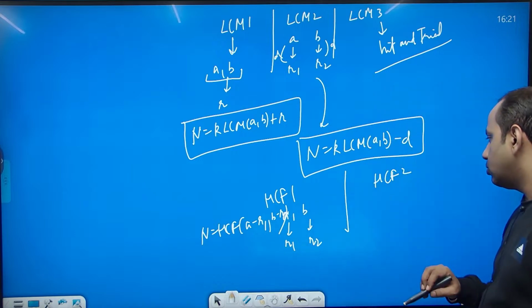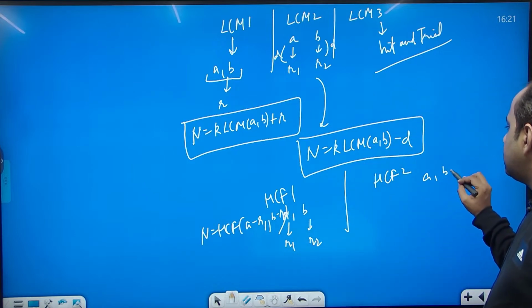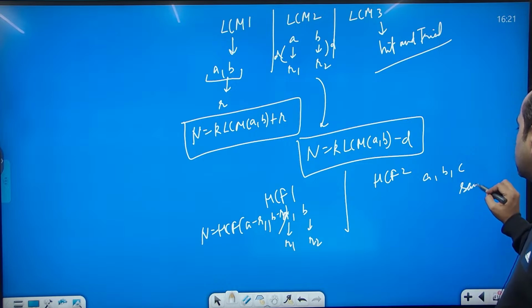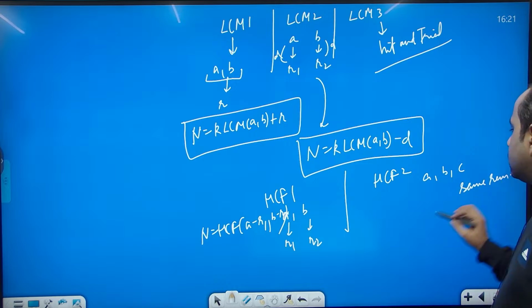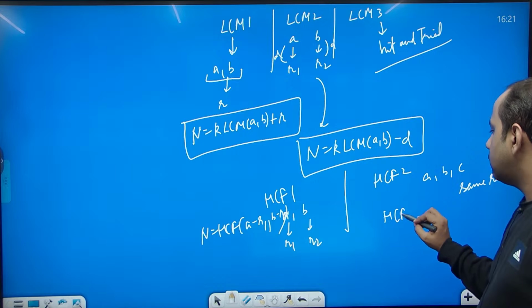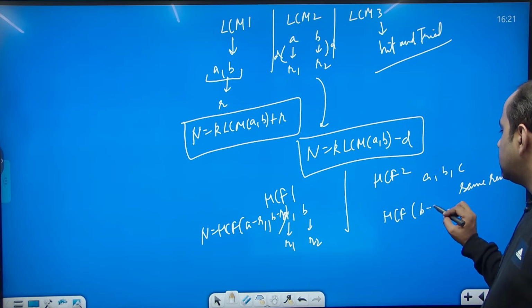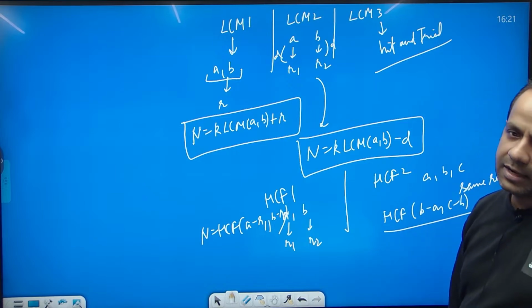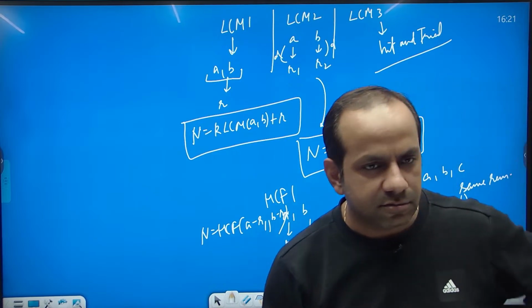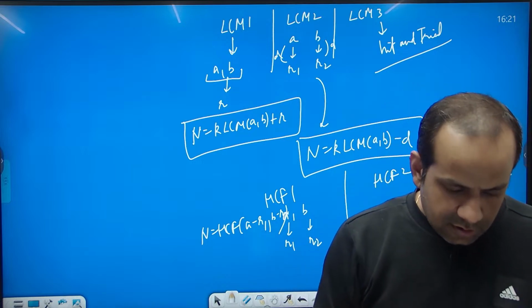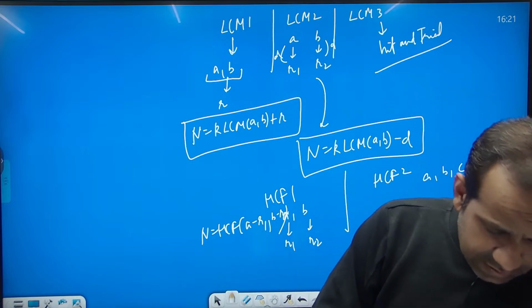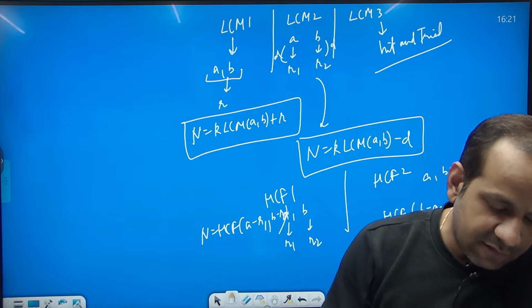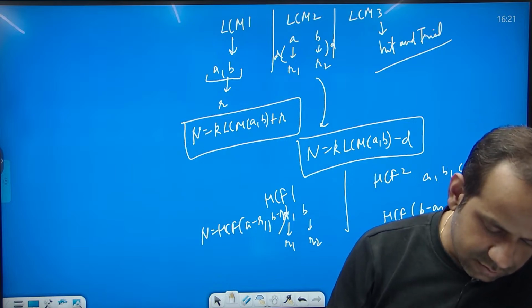And in HCF2 model, three numbers A, B and C leaving same remainder, so number will be HCF of B minus A and C minus A. Okay, you can take difference of any two numbers. I hope what we have covered today and till now is clear to you.